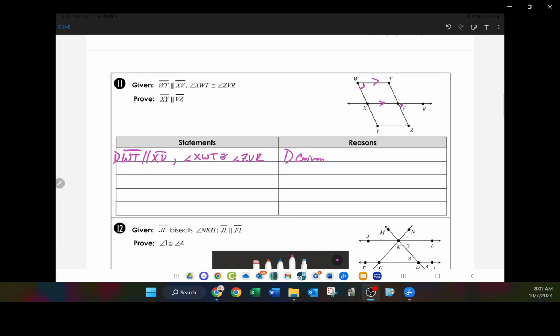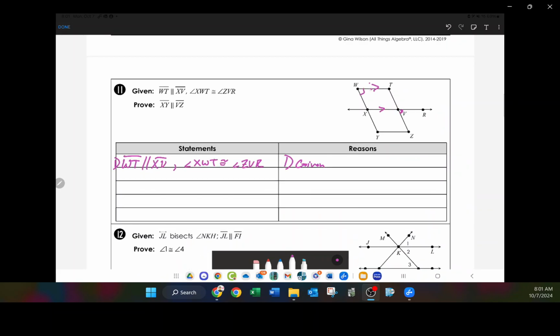Now I do know that these two lines are parallel, so I can say that angle XWT is congruent to angle BXY, this angle here, because they are corresponding angles.